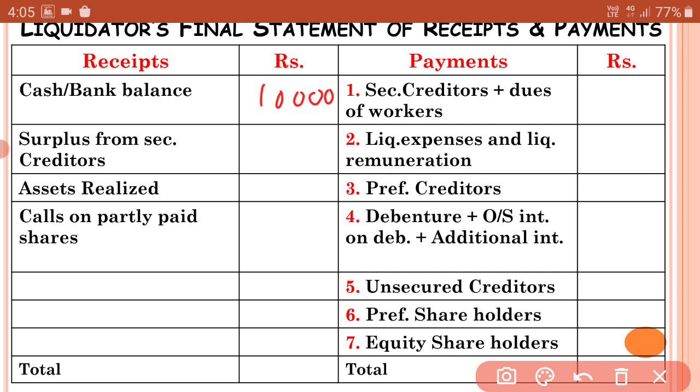Then assets realized, you should write in the inner column land 2,50,000, plant 1,35,000, investment 50,000, stock 25,000, debtors 40,000, and the total 5 lakh. Okay, so here you write in the outer column the total figure, no surplus from secured creditors, so here the dash, and assets realized you write here 5 lakh.